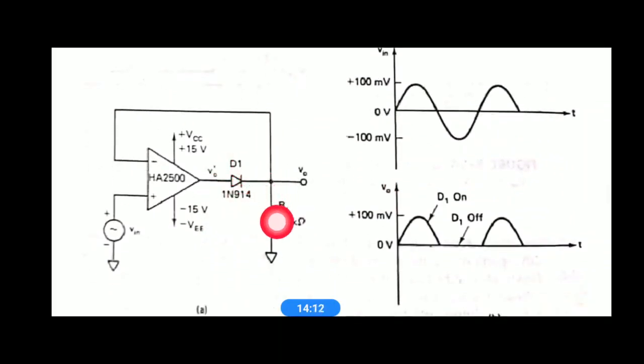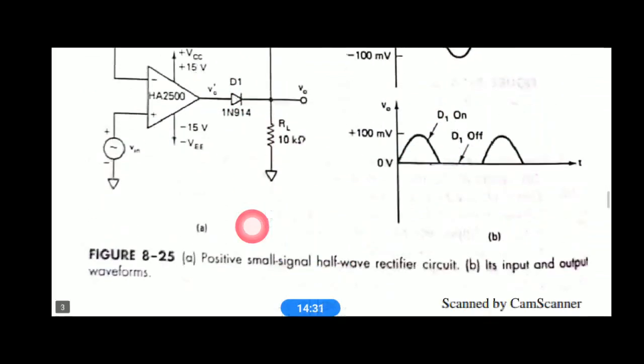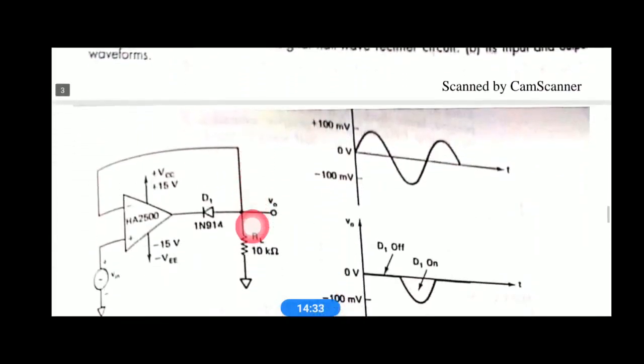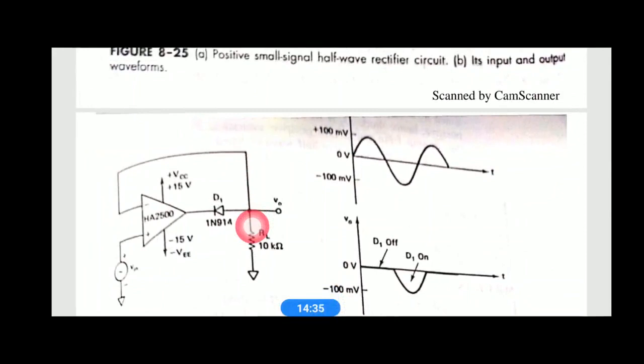So therefore the output is 0 only, so you will not get the output because diode D1 is off, it is reverse bias. So diode D1 is on only during the positive half cycle. During the negative half cycle, diode D1 is off, you will not get the output here.